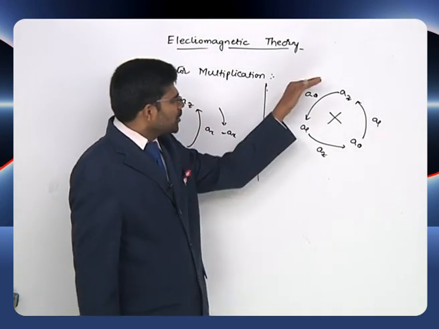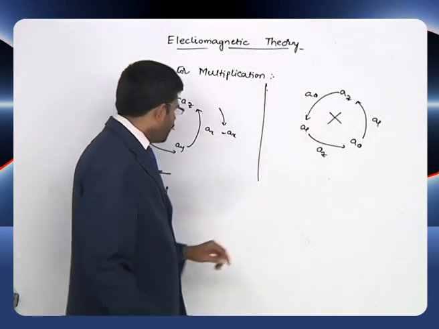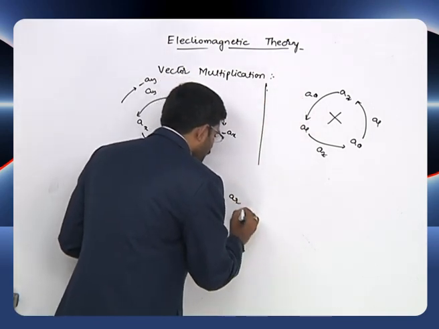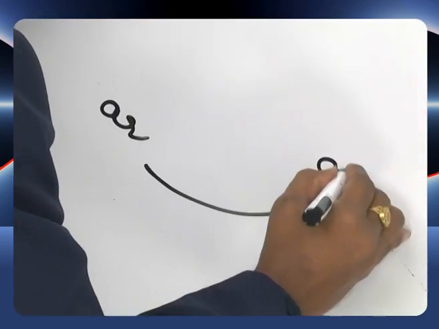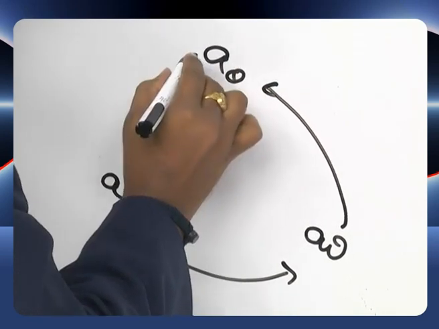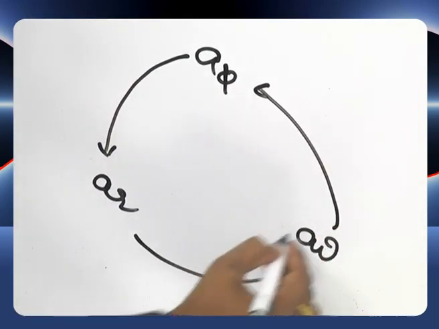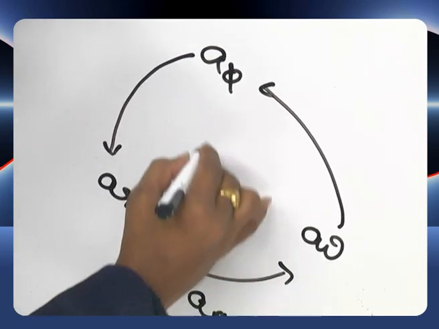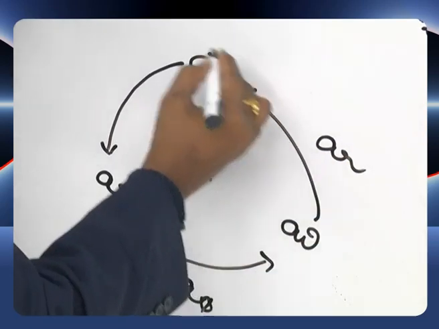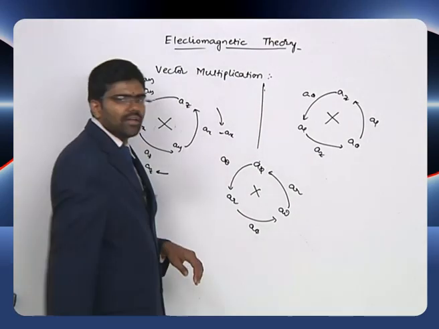If you are considering the opposite direction, obviously the vector goes negative. In the same way, in our spherical coordinate system, a_r, a_theta, a_phi: a_r cross a_theta is equal to a_phi, a_theta cross a_phi is equal to a_r, a_phi cross a_r is equal to a_theta.